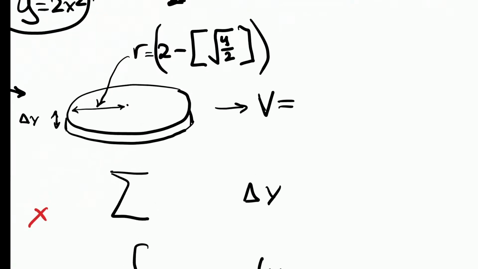Yeah, what's up, Emily? So, that expression for the radius that we just found, so it's 2 minus our equation in terms of y. Is that the diameter, not the radius? Because that's like all the way across, right?